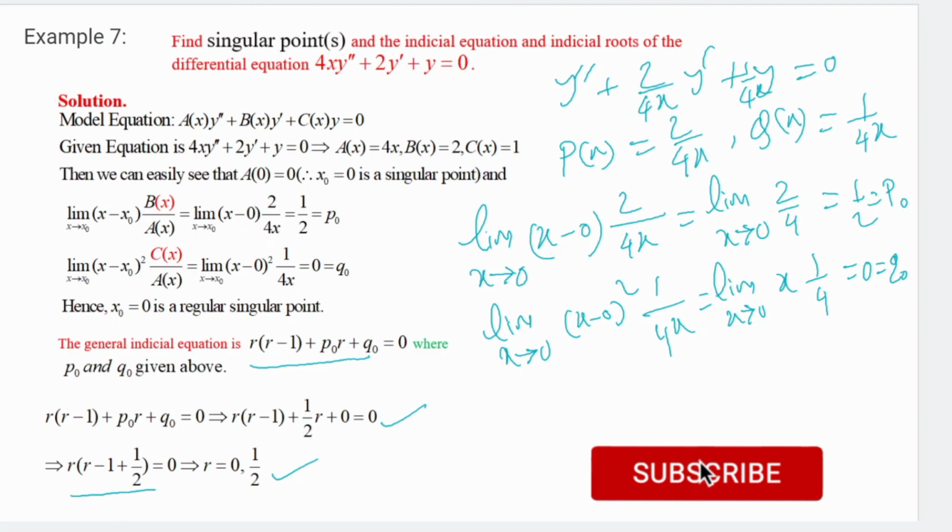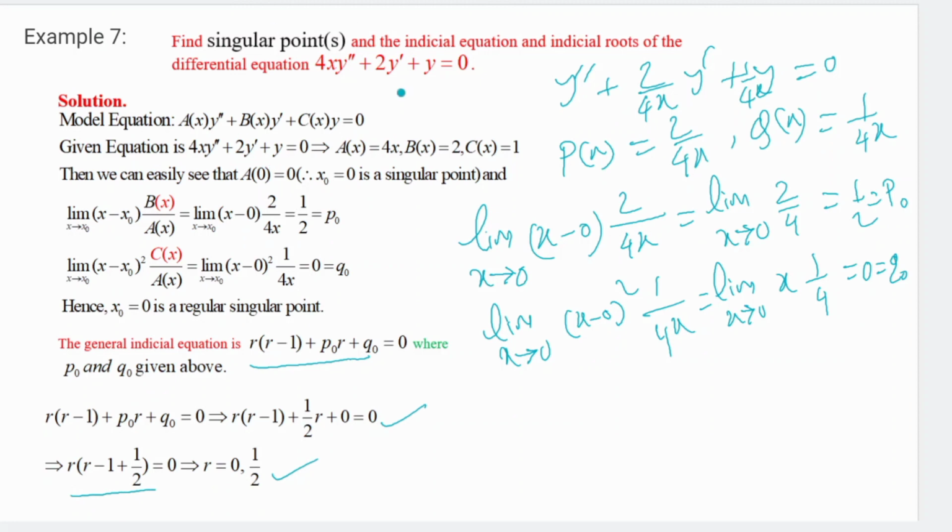If the question asks you to find the indicial equation and indicial roots, follow this procedure, because the question doesn't ask to solve the differential equation. If the question asks to solve the differential equation, we find the indicial equation and indicial roots on the way to solving the problem.